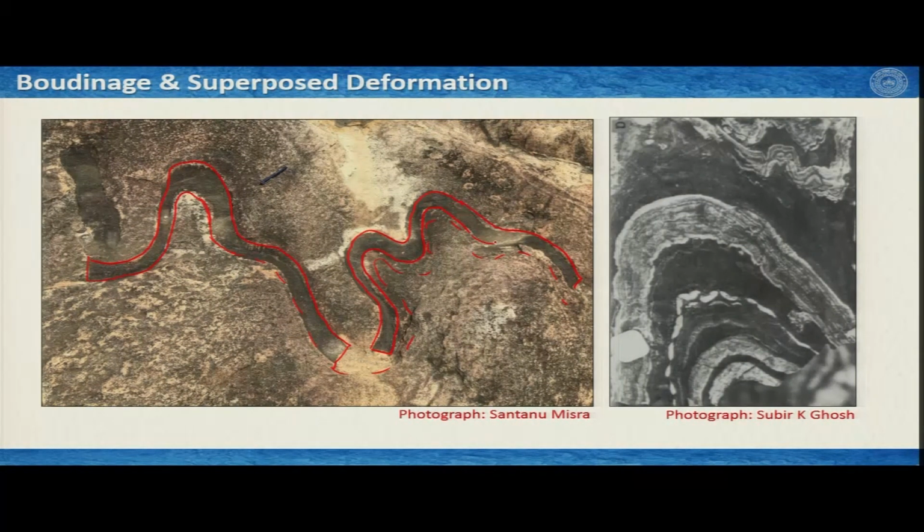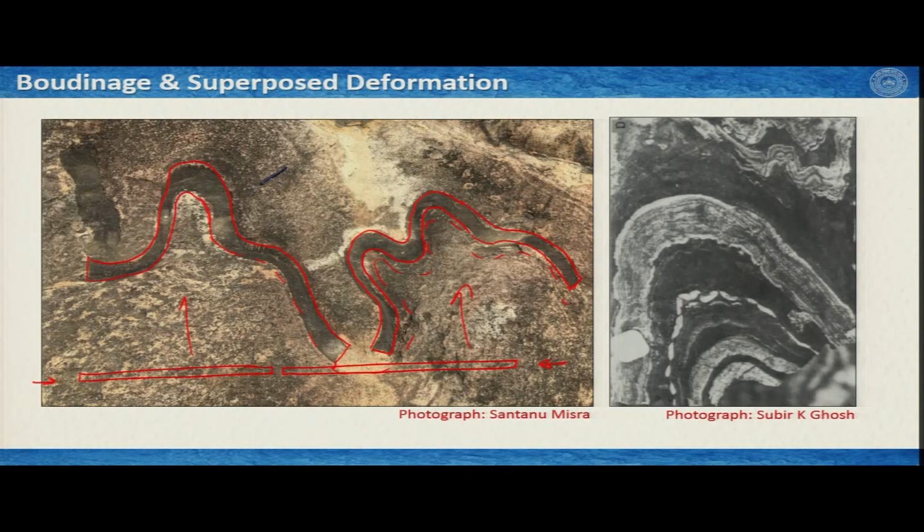And you see it is off here. So, it was once upon a time something like that, a very long aspect ratio Boudins, and then it got some layer parallel compression and then eventually produced a shape like this.